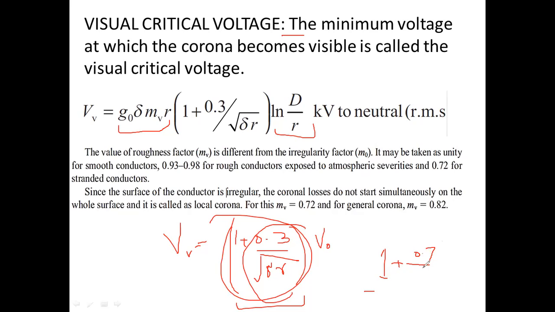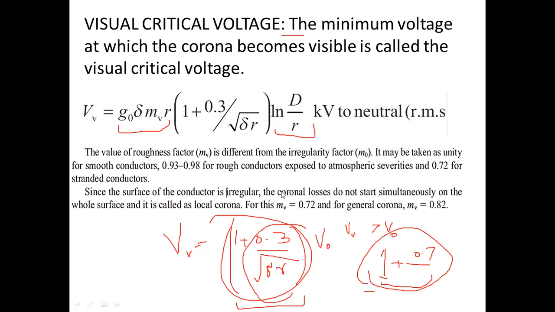So in that case too we have a value greater than 1. When we multiply it with V naught, meaning the audible corona, we will have a greater value for Vv than V naught because of this term.